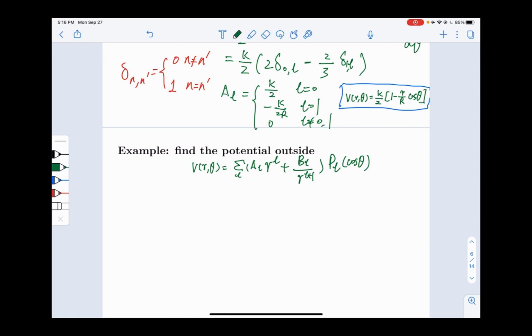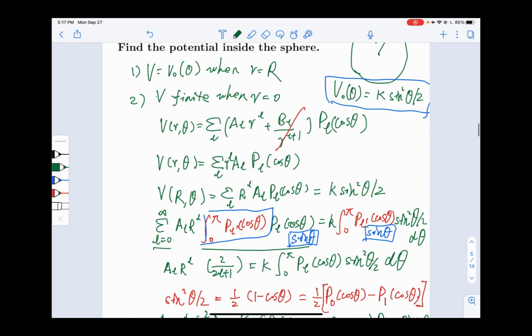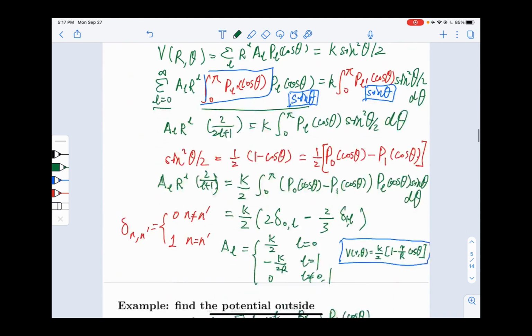Okay, so now I just copy the general solution over right here, and the problem is asking for the potential outside. So the boundary condition before at r equals R is still the same.